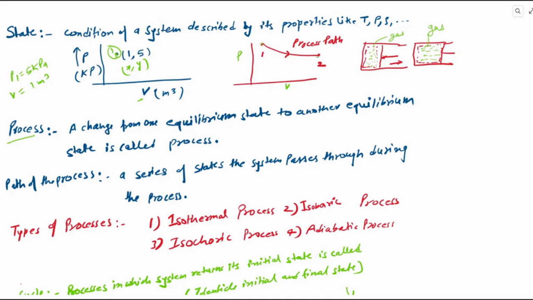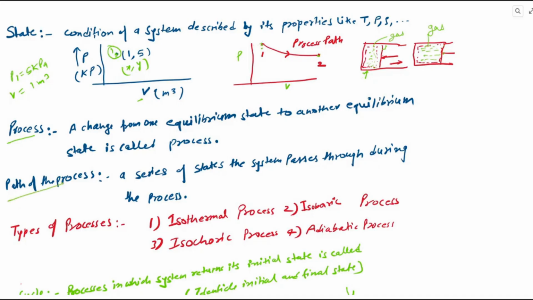Then the system will reach equilibrium state 2. This is state 1 and this is state 2. So this is called a process, from one equilibrium state to another equilibrium state.